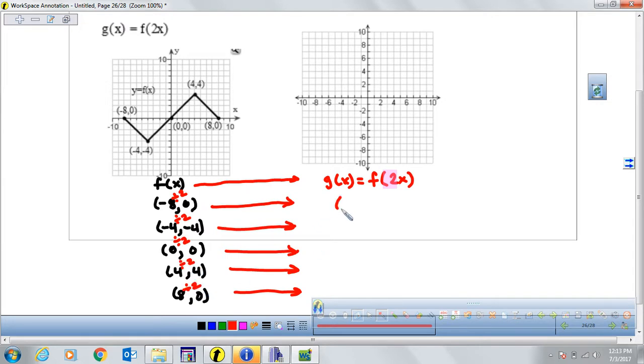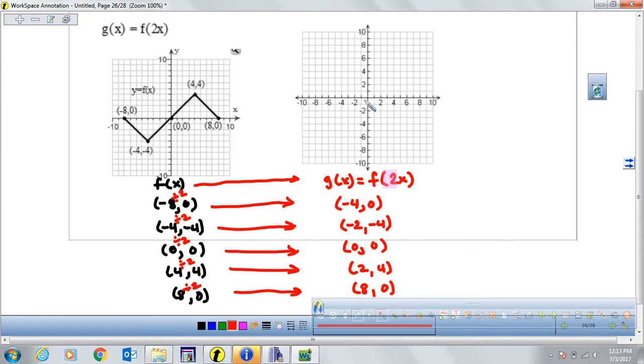So that's going to give us -4, comma 0, -2, comma -4, 0, comma 0, 2, comma 4, and 8, comma 0.